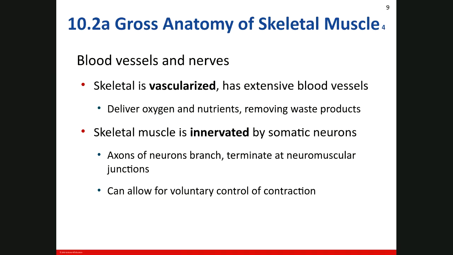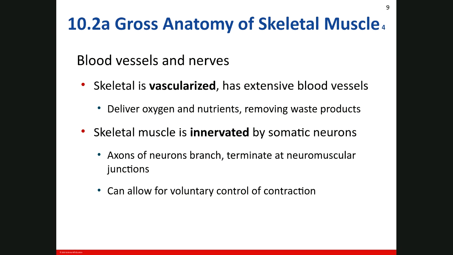Our skeletal muscles are highly vascularized and highly innervated because blood vessels bring oxygen and nutrients, and they remove waste products. The skeletal muscles are innervated by somatic motor neurons.